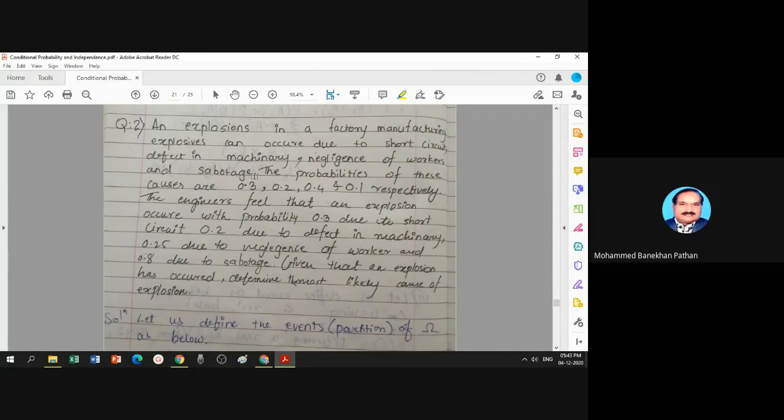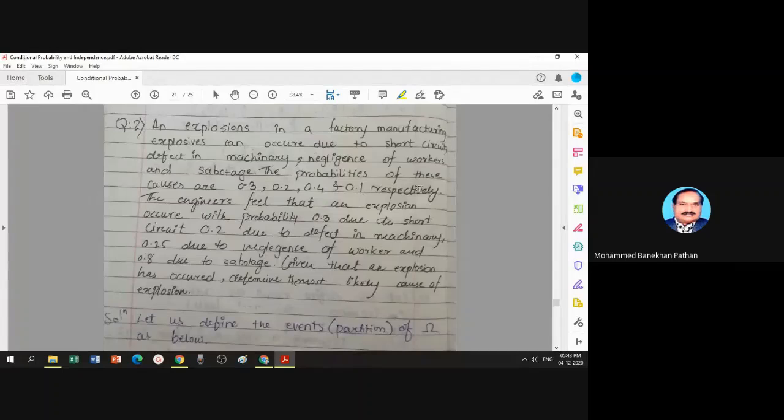So this statement gives you different causes which are responsible for explosions in the factory. By past experience, the respective probabilities are recorded: 0.3, 0.2, 0.4 and 0.1 respectively.